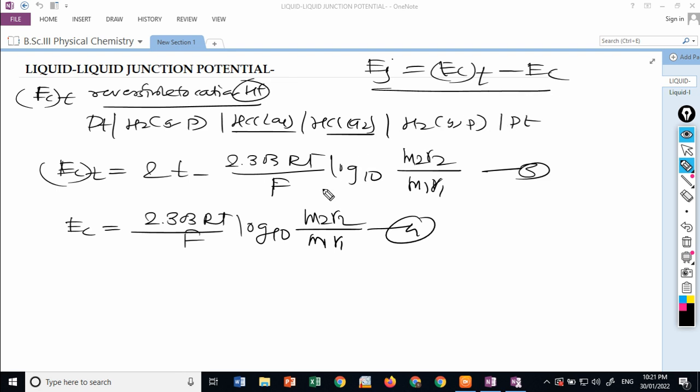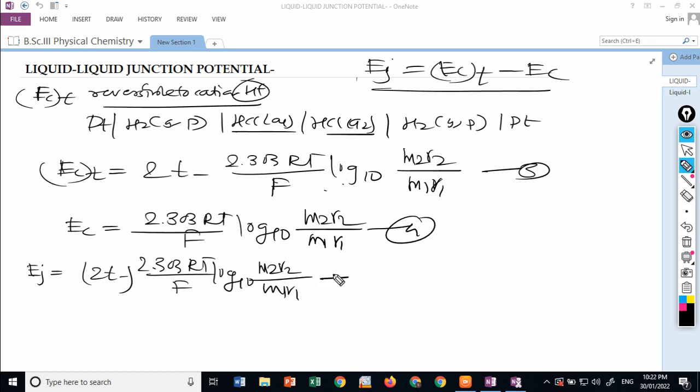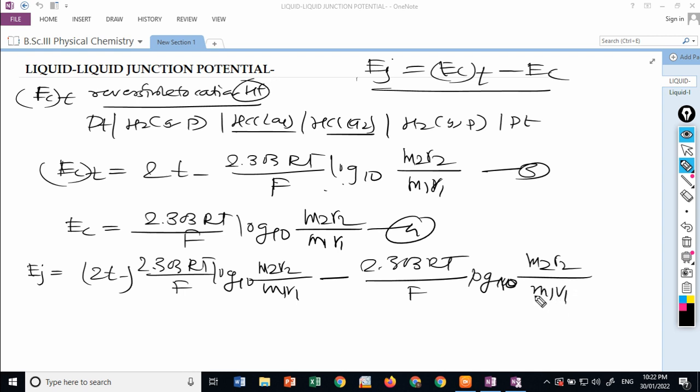Putting these two equations into this equation, the liquid junction potential is equal to 2t minus times 2.303 RT divided by F log to the base 10 of M2 gamma 2 divided by M1 gamma 1, minus 2.303 RT divided by F log to the base 10 of M2 gamma 2 divided by M1 gamma 1, which is equation 4. This common part can be taken out.